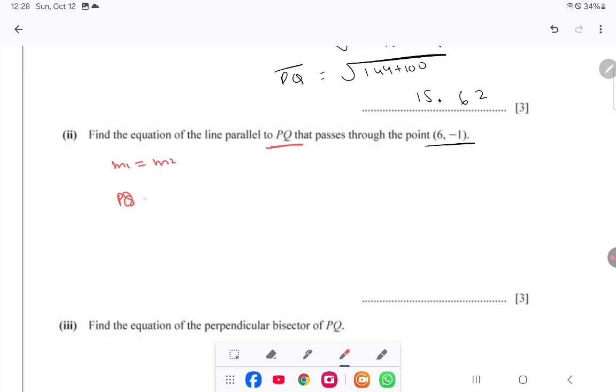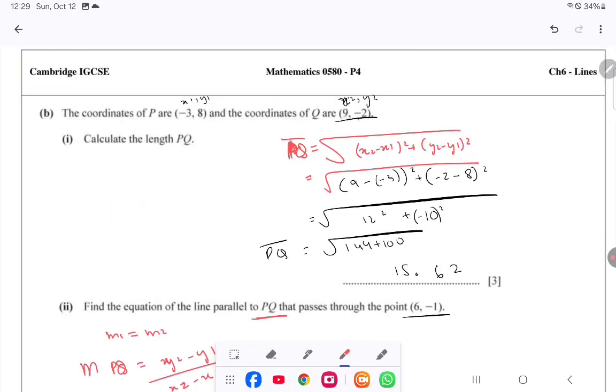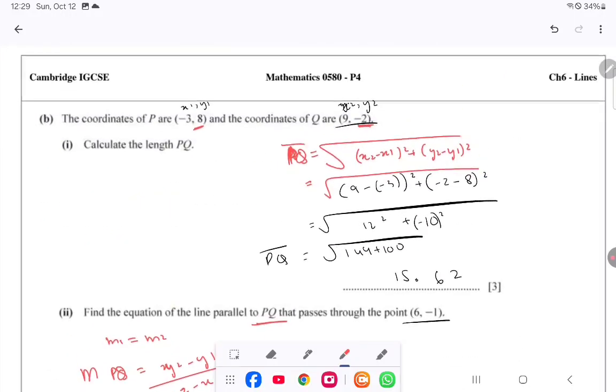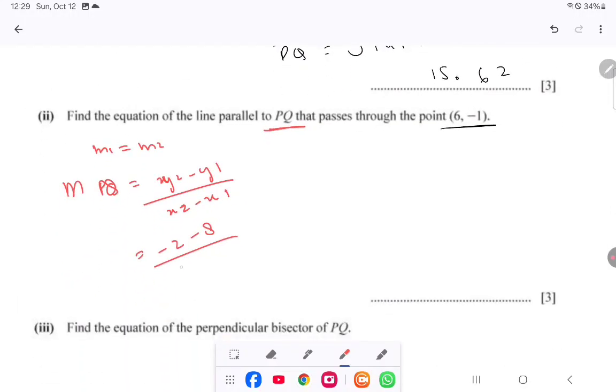For PQ slope, it will become y2 minus y1 over x2 minus x1. From here, y2 is negative of 2 and y1 is 8. x2 is 9 and x1 is negative of 3.